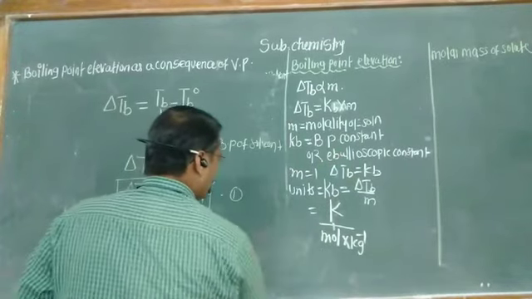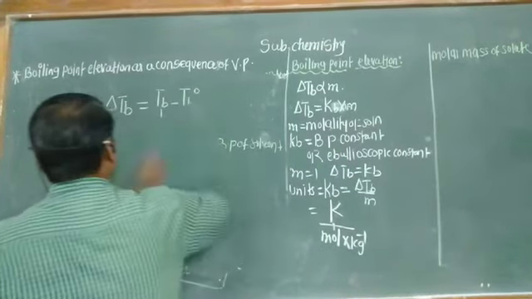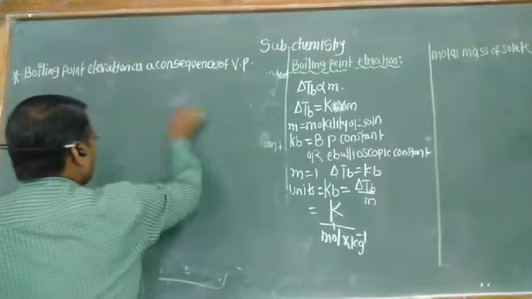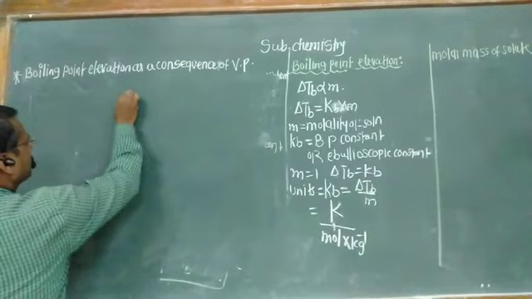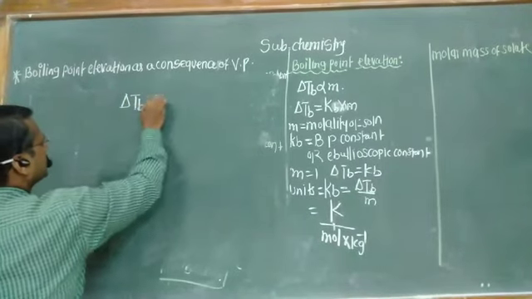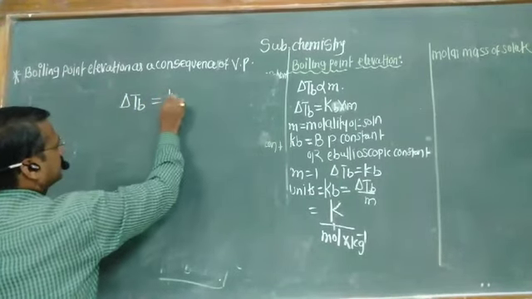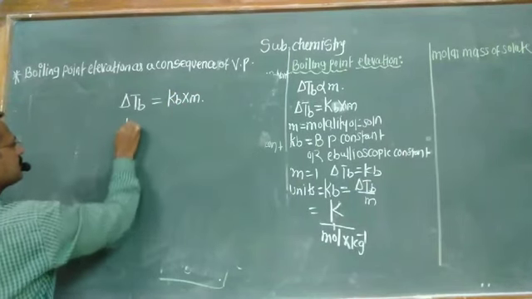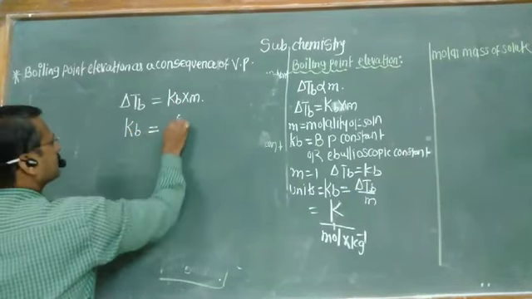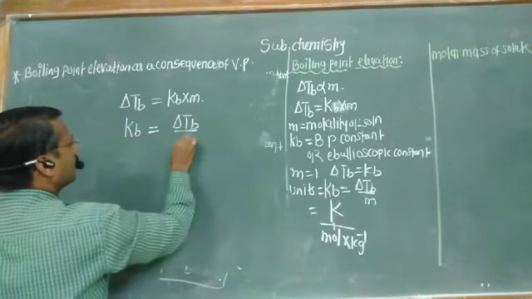What is the unit of the ebullioscopic constant? We write the unit. First we have the equation delta TB is equal to KB into small m, so KB is equal to delta TB upon m.